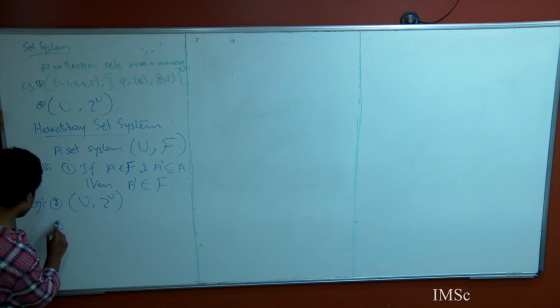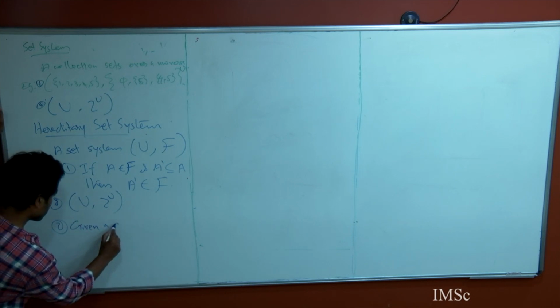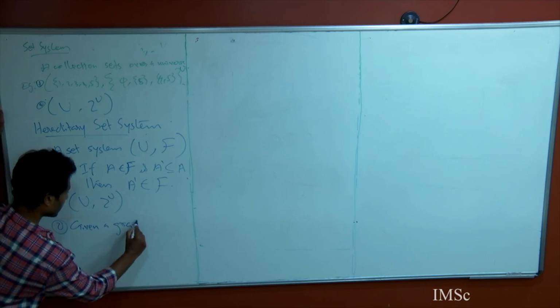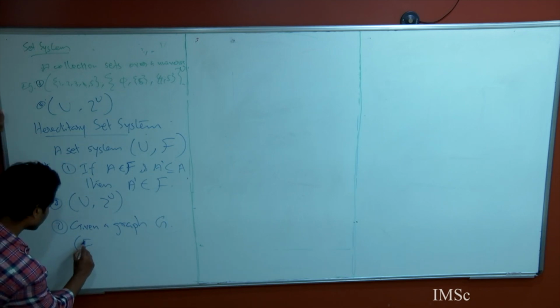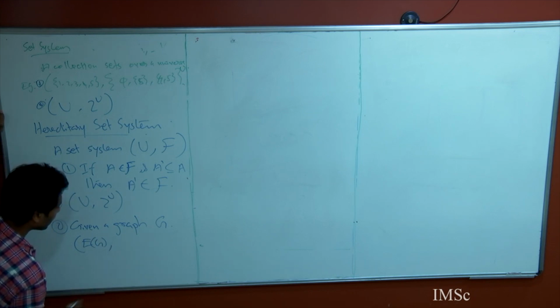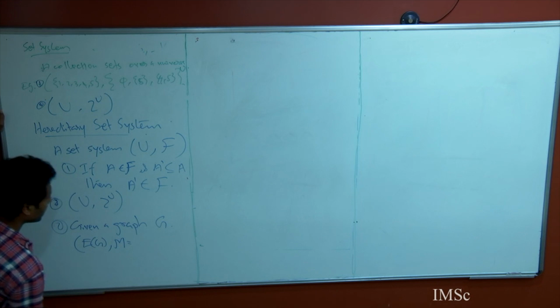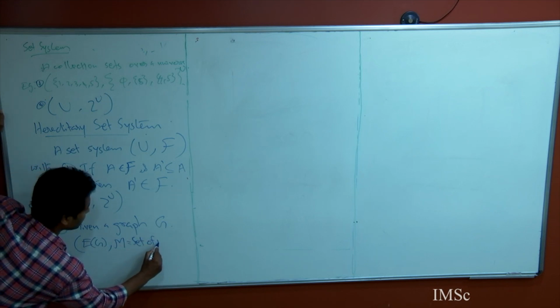Another one: given a graph G, the universe is the edge set of G, and the family is the set of all matchings.